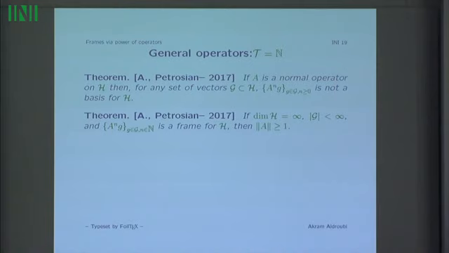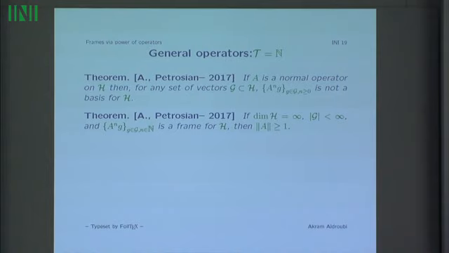The other thing that must happen for you to get a frame, at least in the case where the set G is finite and the dimension of H is infinite, is that if this is a frame at all, then the norm of A has to be larger than or equal to 1.